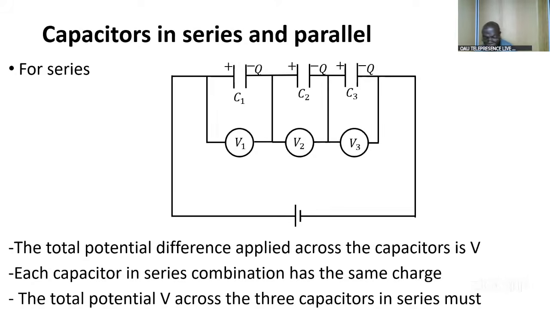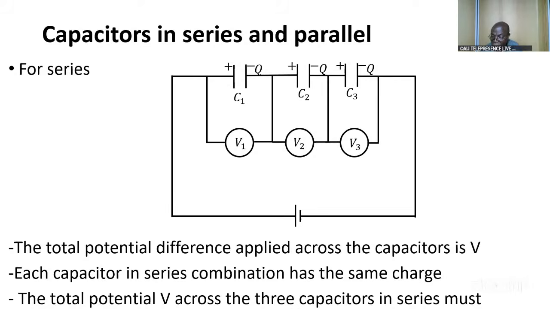So to find that, you find 1 over C is equal to 1 over C1 plus 1 over C2 plus 1 over C3. Then if you do that correctly, your C equivalent will be 1.3 microfarad. If that is your equivalent, what does that mean?